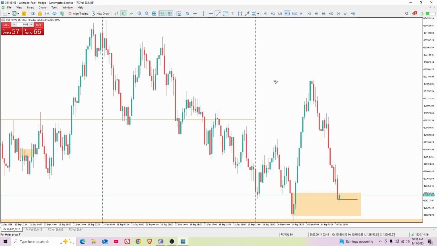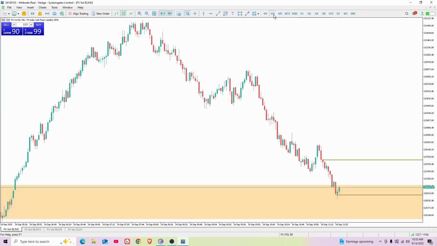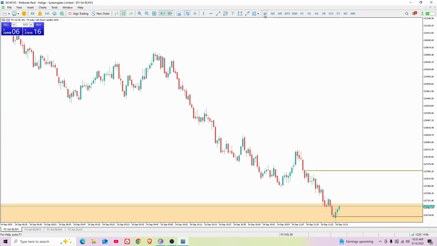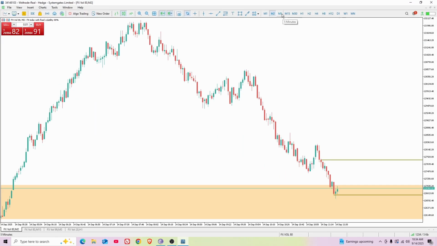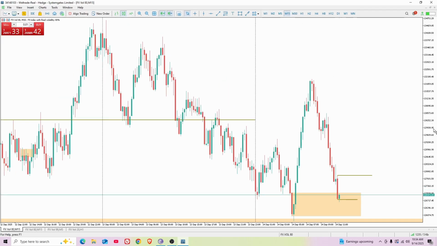You have your CRT high formed within this area as we speak. And you go and look for your order block below. We don't have anything. Nah, not convinced. Not convinced yet. So look at that.